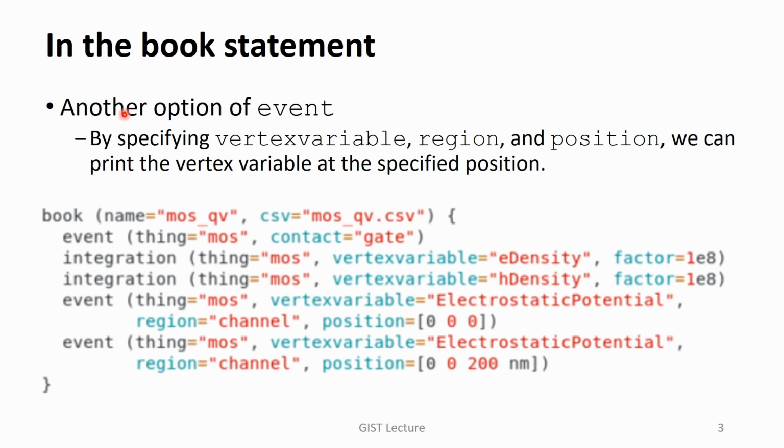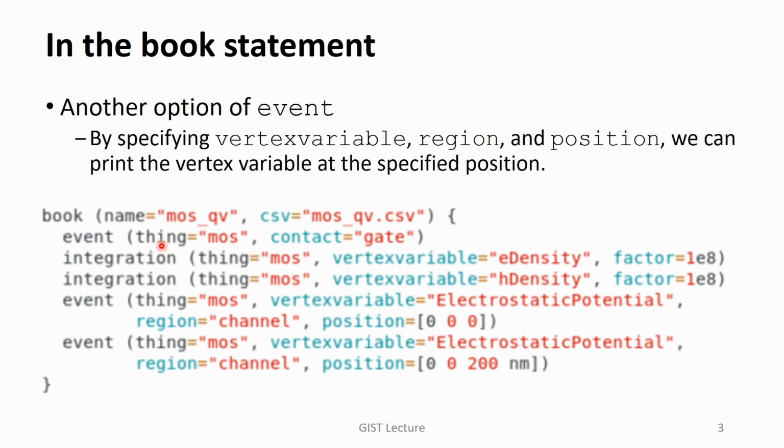Since it is related with a CSV file, the book statement is modified. Previously, event had only the contact option. Another option of event is vertex variable. By specifying vertex variable, region, and position, we can print the vertex variable at the specified position.